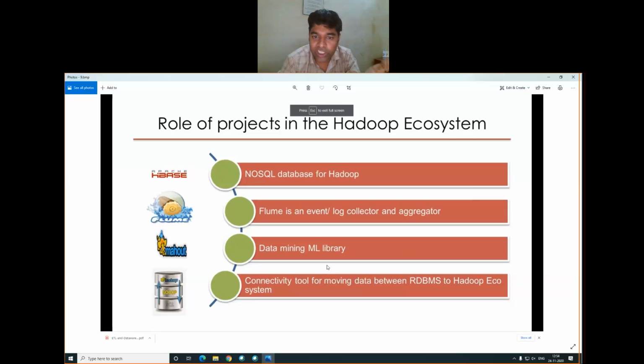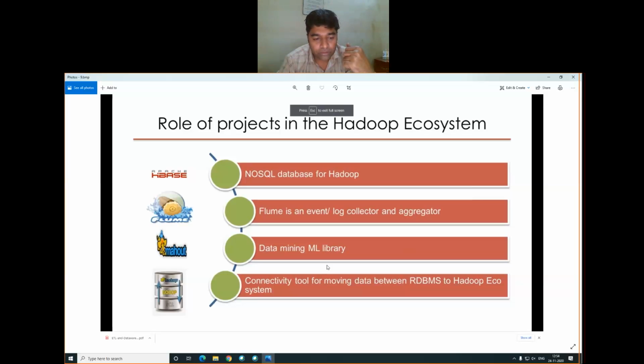It is also called the NoSQL database for Hadoop. It works like SQL, providing a query and analysis system and supported within the Hadoop ecosystem. Flume is an event and log collector and aggregator. That is the task of Flume. Mahout is a data mining and machine learning library.